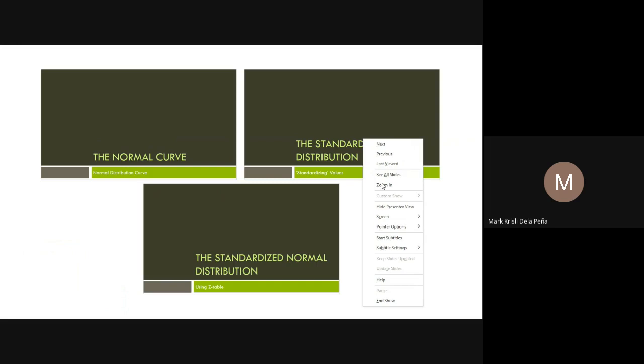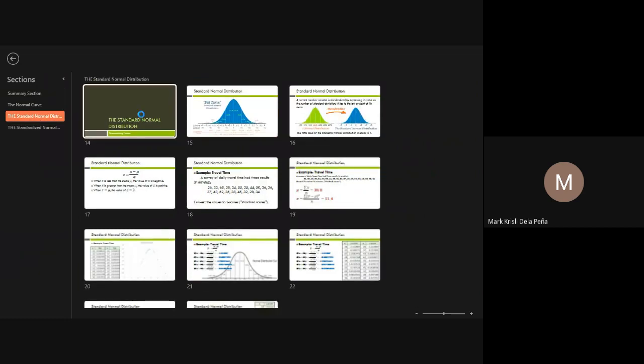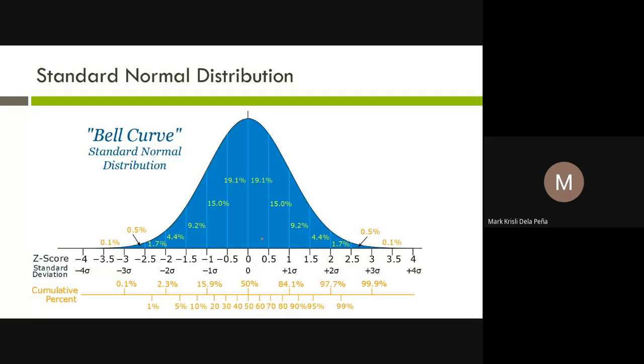Okay, we'll go to our second topic, and that is standard normal distribution, or what we call standardizing values. As you can see here, this is our normal curve, right? And this is still the look of a standard normal curve.